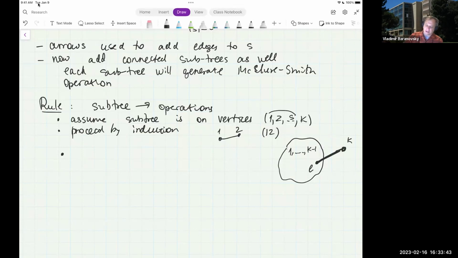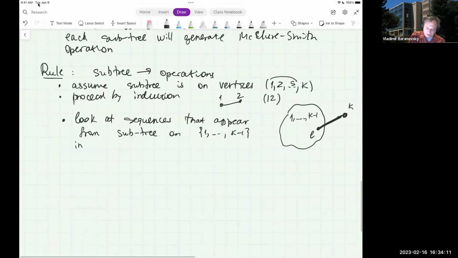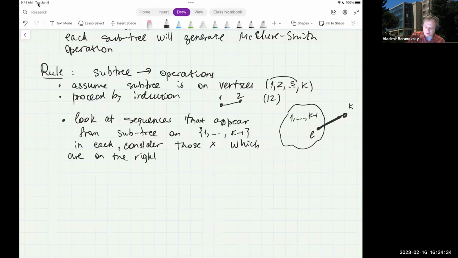So inductively, we're adding this vertex number k, and in this case, look at sequences that appear from a subtree on 1 up to k minus 1, and then in each consider those x which are on the right of all occurrences of L, and then replace x by x, k, x.